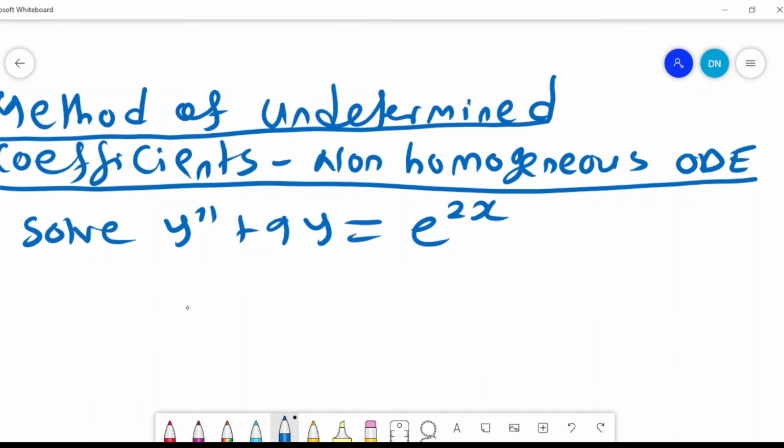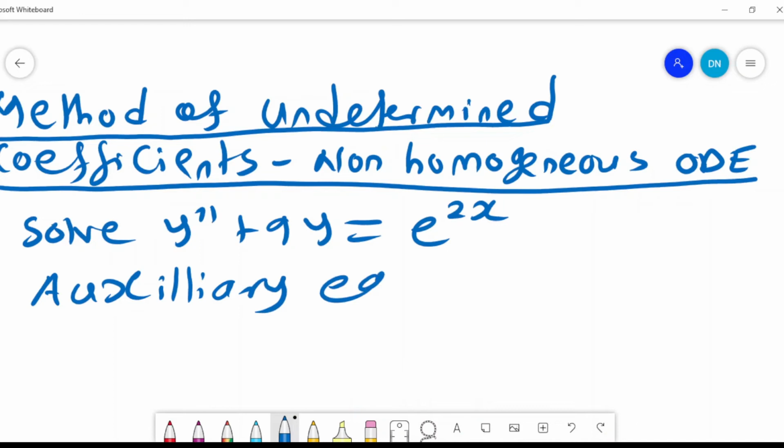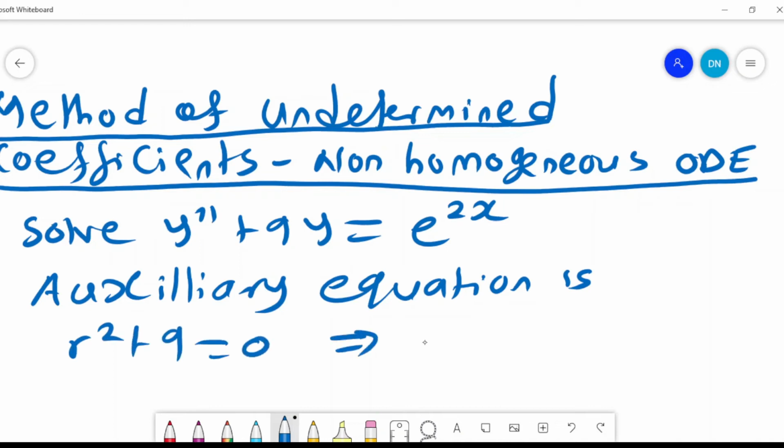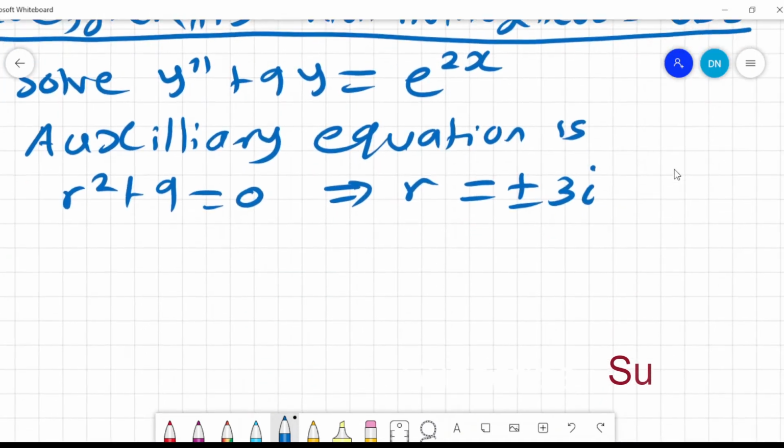Now, suppose you've been told to solve y double prime plus 9y is equal to e raised to power 2x. The first step is you get what we call the auxiliary equation. The auxiliary equation is given by r squared plus 9 is equal to 0. And if we solve that quadratic equation, it will give us r is equal to plus or minus 3i.